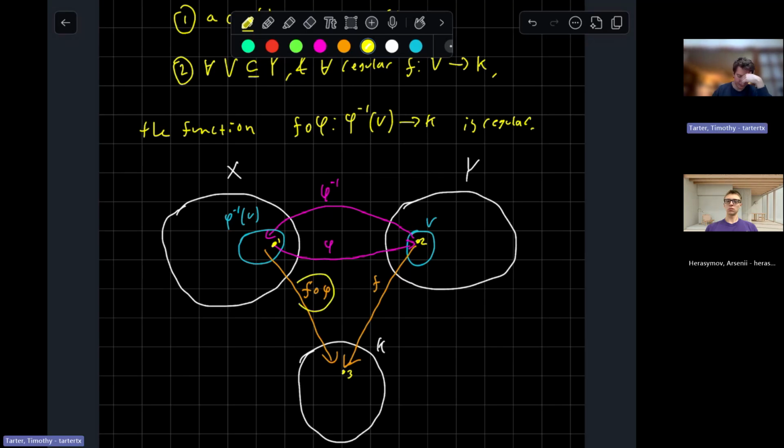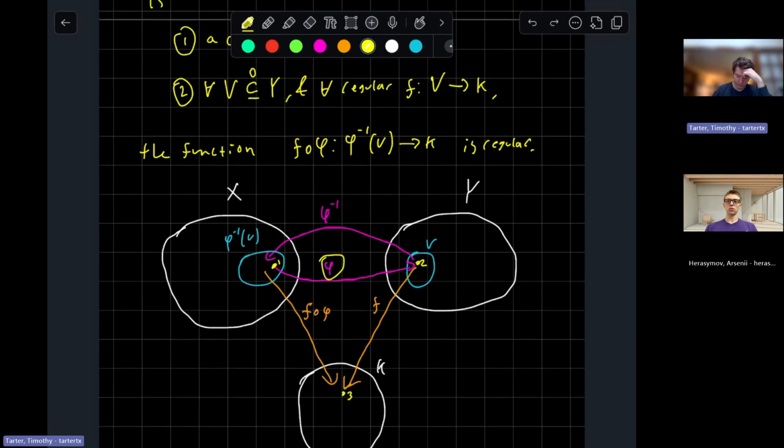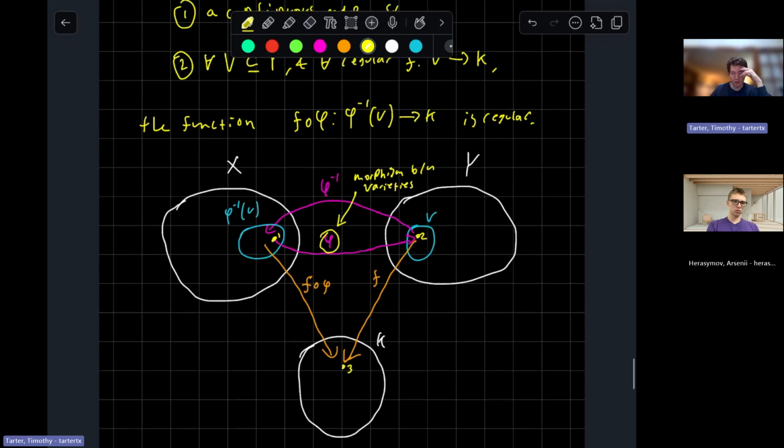And then this thing is regular. In that case, phi is our morphism, the morphism between varieties. And this diagram is universal.